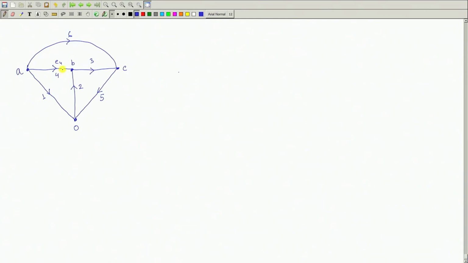Now, the fundamental cut sets are those cut sets where there will be only one tree element involved. First of all, what you have to do is draw a tree of this network. So, let us draw, and the same tree that I took earlier, I will take that tree.